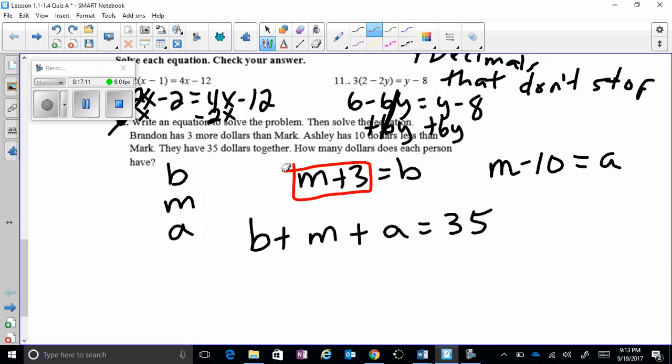And I can also, if I add 10 to both sides over here, I will have, well, that'd be getting m by itself. So that would be m equals a plus 10.